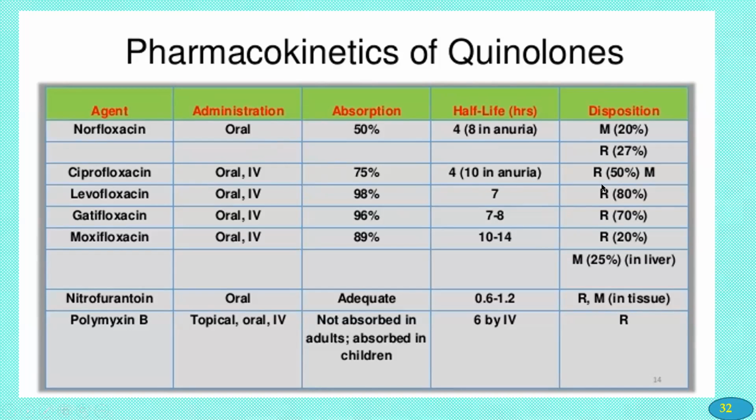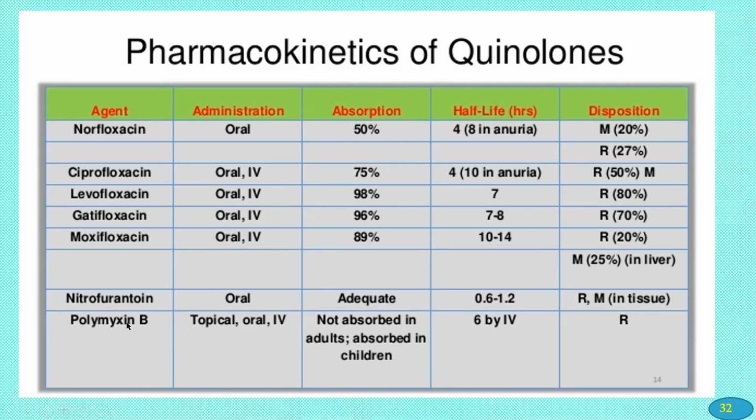increasing especially in anuria conditions. So levofloxacin, gatifloxacin, moxifloxacin, all the same thing, are used as oral or IV, and the absorption is very high, that's 89 to 98%. Whereas nitrofurans, compared to the other drugs, oral absorption is adequate.